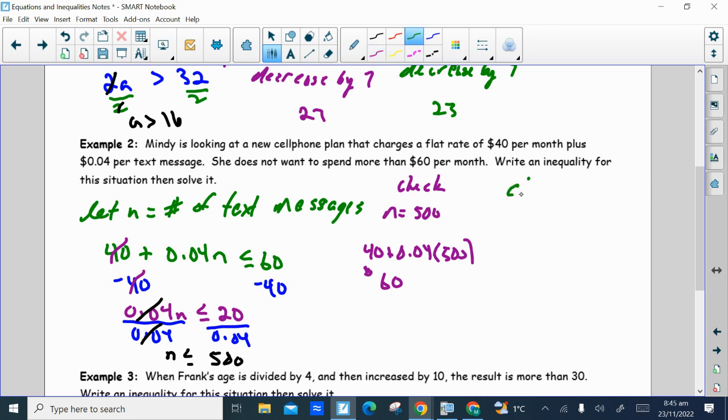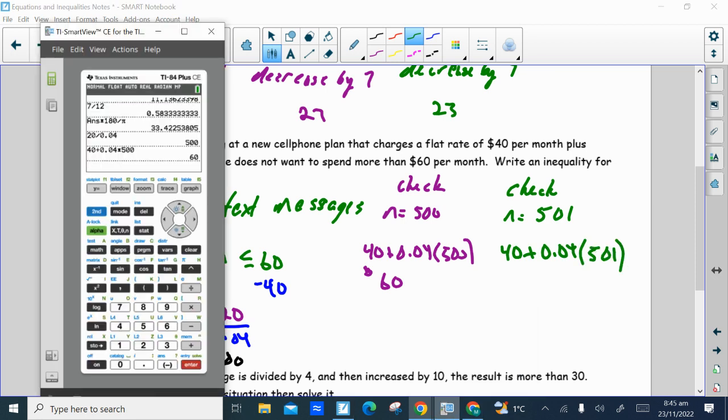What happens if we used a number greater than 500? Let's let n equal, let's say 501, a number greater than 500. So her bill that month would be $40 plus 0.04 times 501. So all that we're changing is we're multiplying by 501 instead of 500.